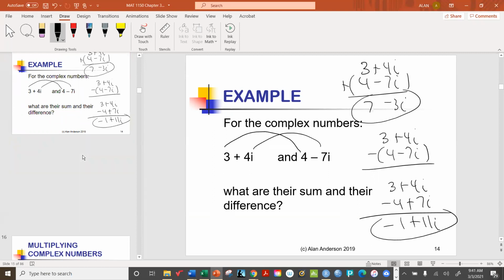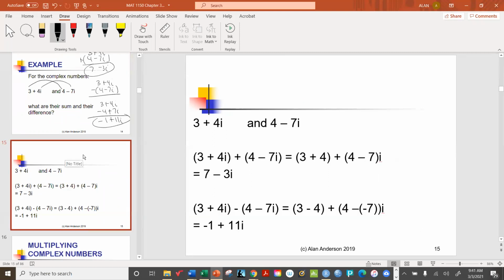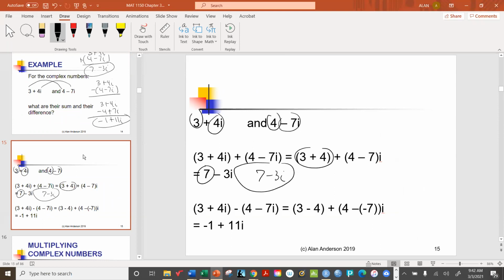All right, let me jump ahead to the next page and show you how it was done here. So here we just literally added the 3 and the 4 together to come up with that 7. And then for the i, we just combine these two, 4 and negative 7, leaves us with negative 3i. When subtracting, though, we of course have to be careful to distribute the negative sign to both of these terms.